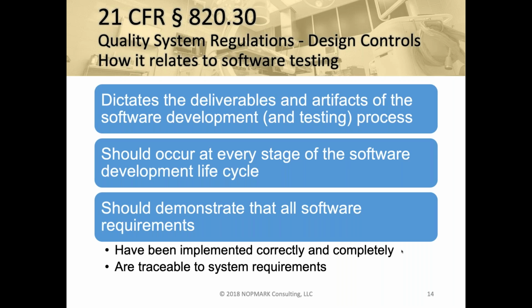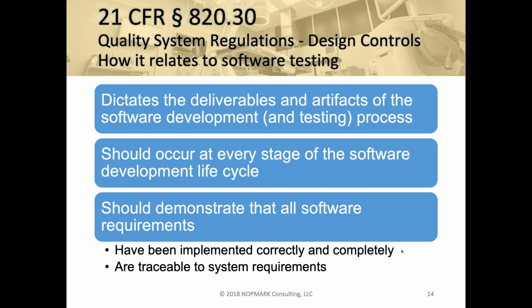So all of those deliverables, as kind of stated in the design history file, that a software tester normally provides, from the planning, the test cases, the results, reports, the bug lists, regression testing, all of those deliverables are dictated by these processes and must be documented and saved. And all of this documentation happens throughout the life cycle.